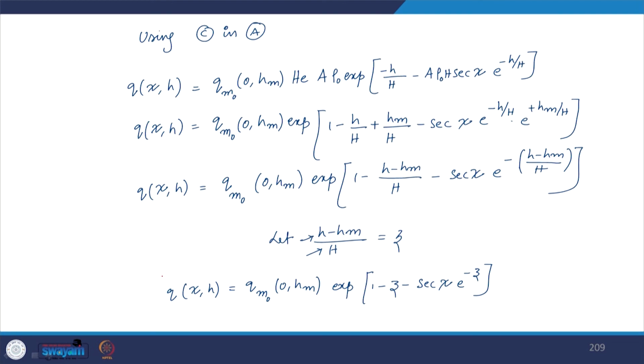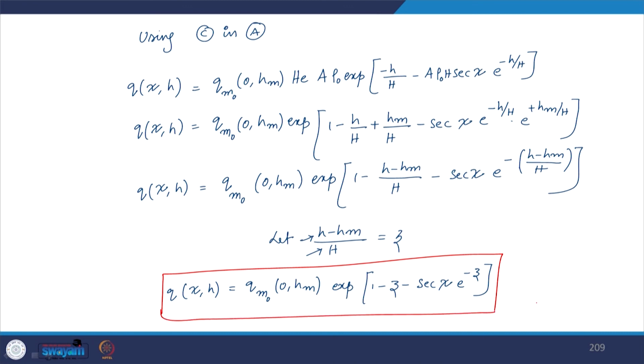What does this expression tell you? It tells you the production at any given height as a function of the production that could happen during noon, when chi is equal to 0. What does it depend on? It depends on the solar zenith angle, on the height, and on the scale height.